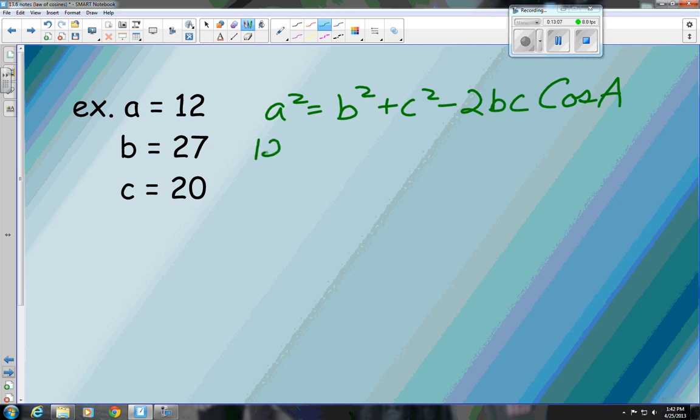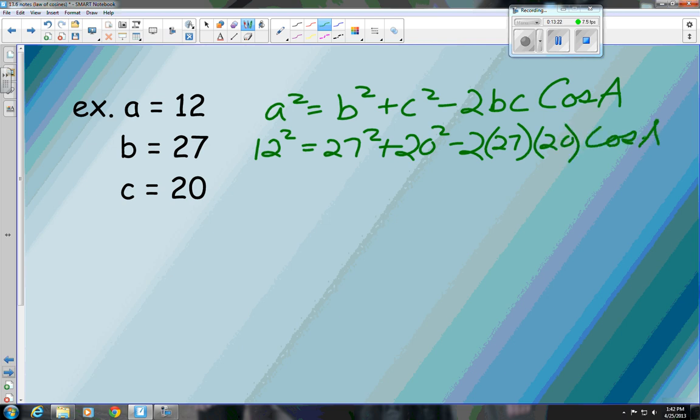That's 12 squared equals 27 squared plus 20 squared minus 2 times 27 times 20 cosine of A. Now I need to get the cosine of A all by itself, so I would caution you about your order of operations.